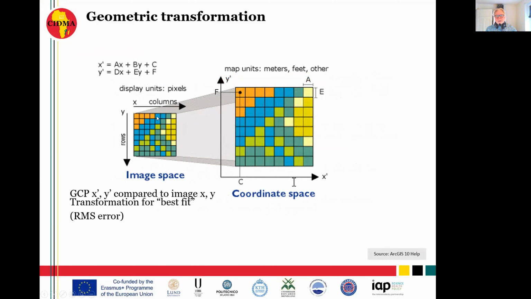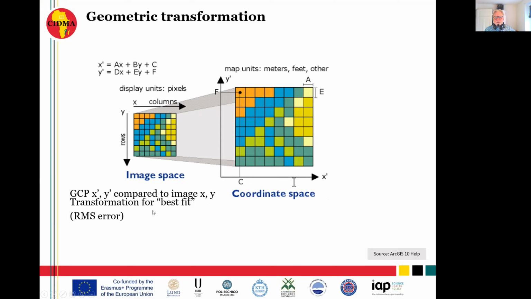What column it is and what row it is. And then here we have another image or a map or whatever where we have a coordinate space. It has coordinates. And if we link together positions here with this one, we can find this geometric transformation between the GCPs.